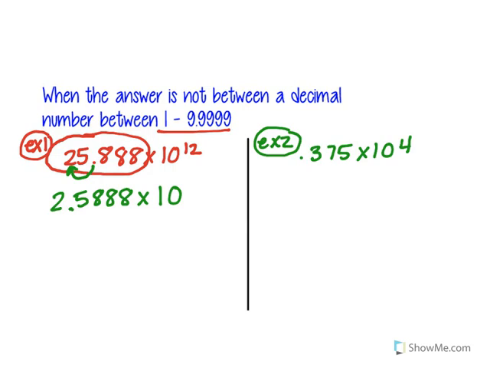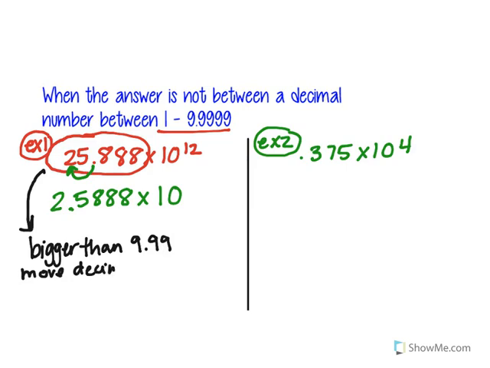If you start off with a bigger number, this number is bigger than 9.99999 or 10. So to make the number smaller, we had to move the decimal to the left, right? We moved it left to make it smaller.